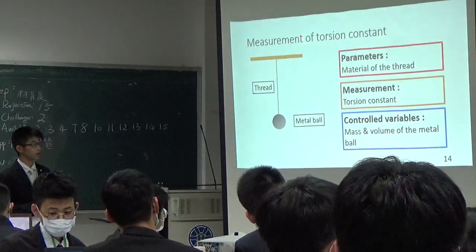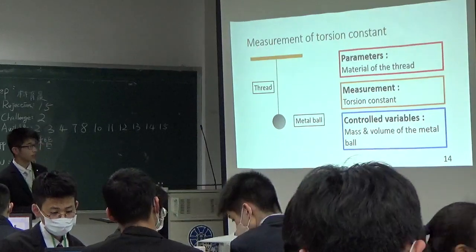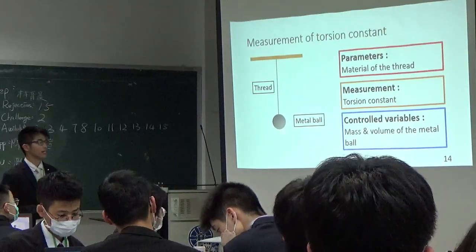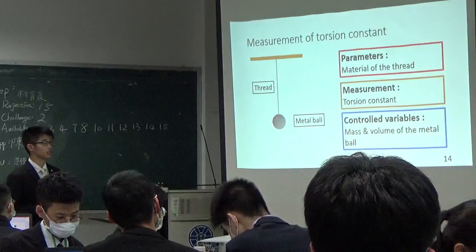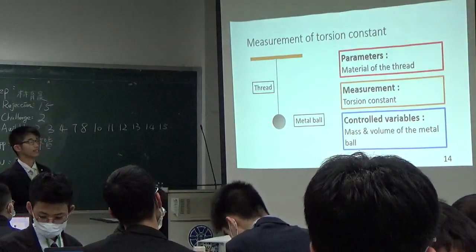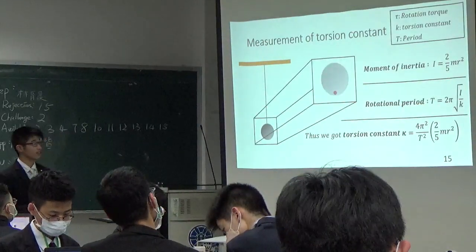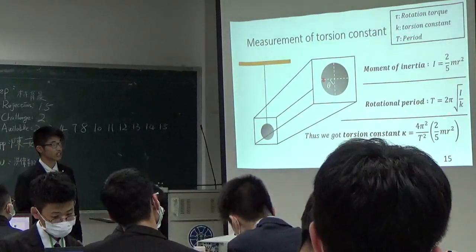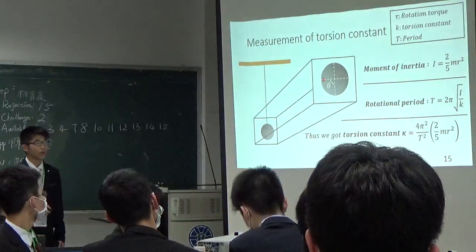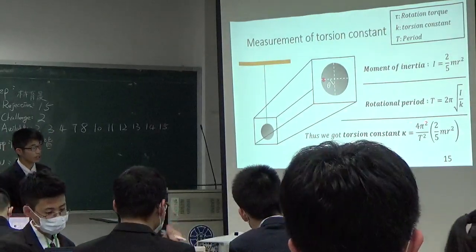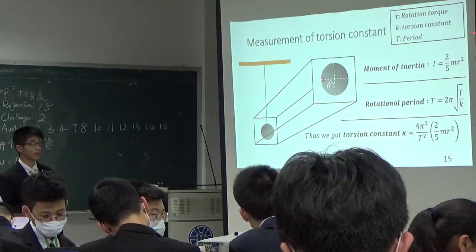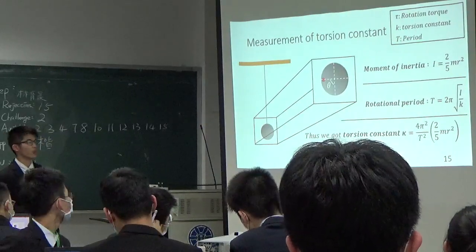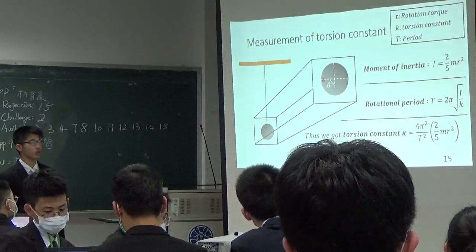We measure the torsion constant by connecting a metal ball on a thin thread. We let the metal ball rotate and measure its rotational period. And we know the rotational period, and we also know the moment of inertia. Thus, by calculation, we can get the torsion constant.